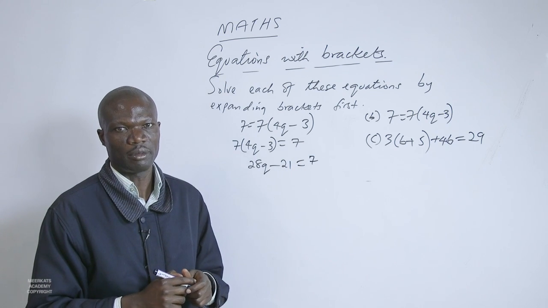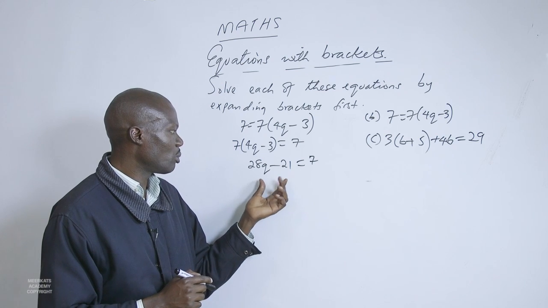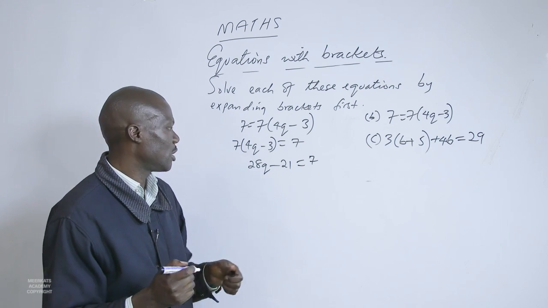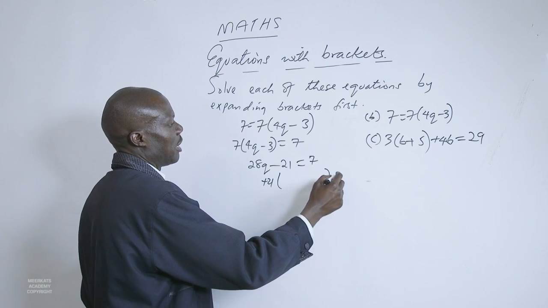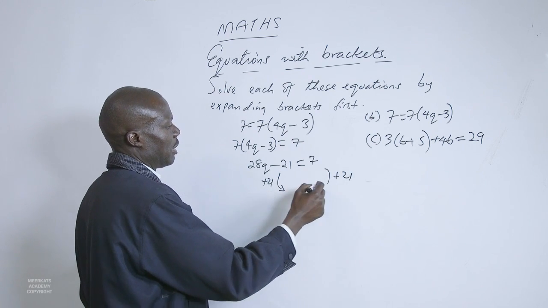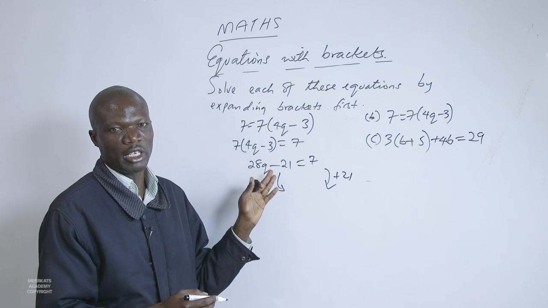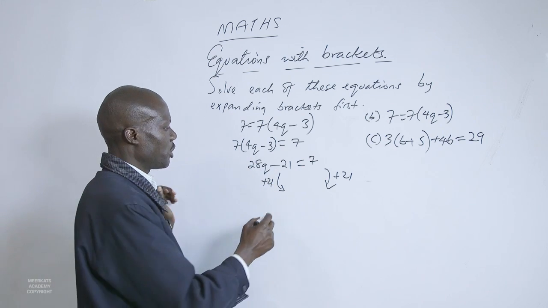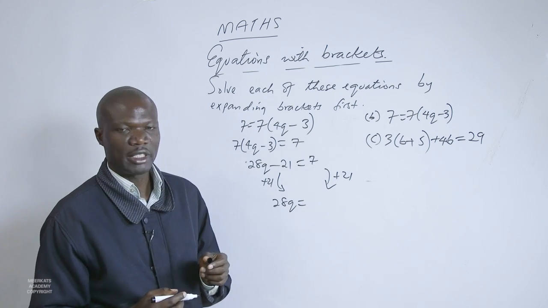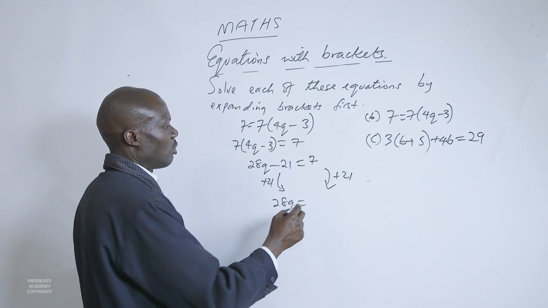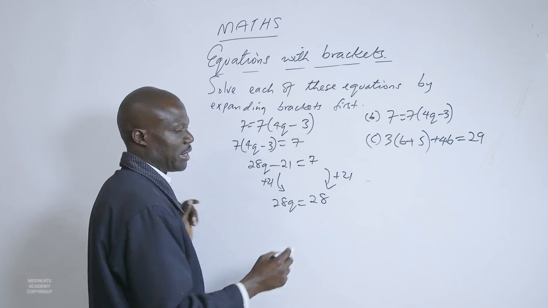From this point, the first step systematically is to add 21 this side and add 21 the other side. Minus 21 plus 21 is 0. We shall remain with 28q is equal to 7 plus 21, which gives us 28.